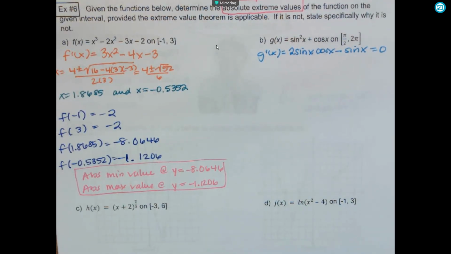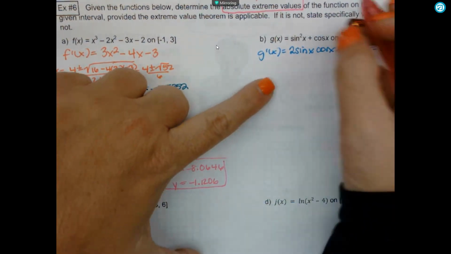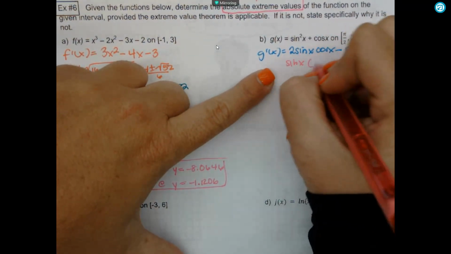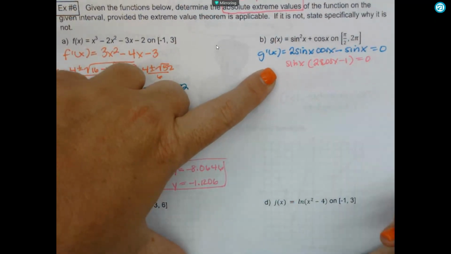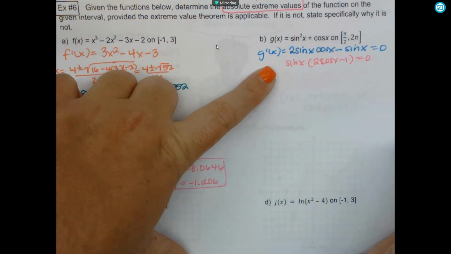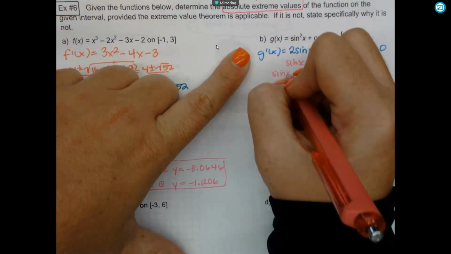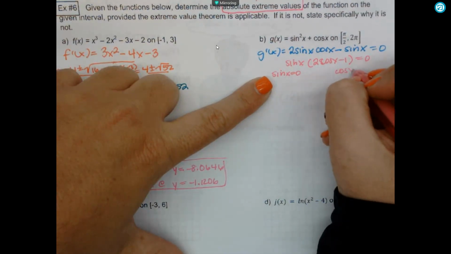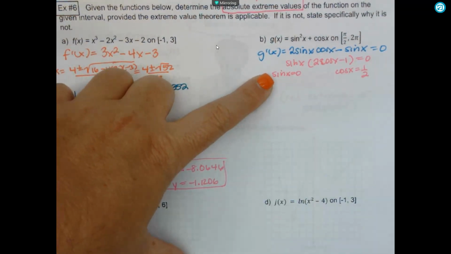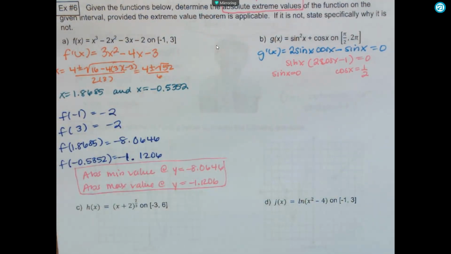If you factor it, you're going to factor out a sine x, right? So you would have sine x times 2 cosine x minus 1, and then you would just set each one of those equal to 0. So you want to know where is the sine x equal to 0 and where is the cosine x equal to 1/2, on the interval from pi on 2 to 2 pi.